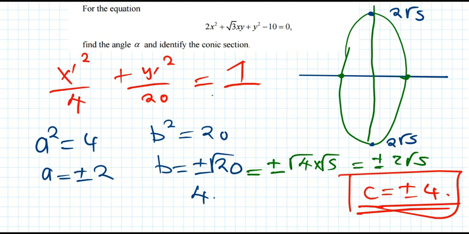So this part is going to represent the vertices, so -2 and 2, and then the foci, which is going to be inside part, the y values as well are going to be presented by the 4, so 4 and -4.